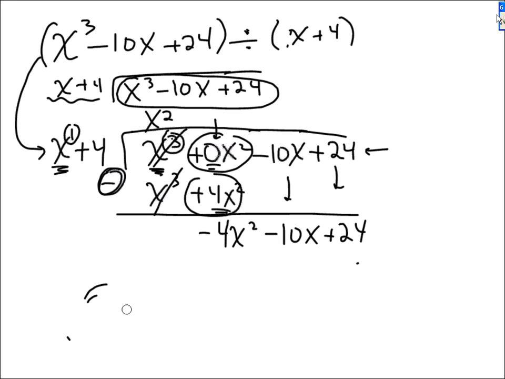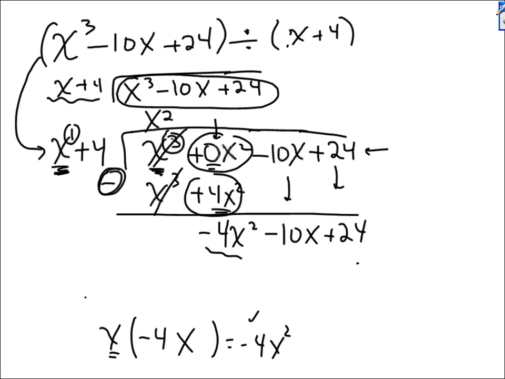The x in front, the leading term, not x plus 4, but just x. What do you multiply the x by in front to get negative 4x squared? Well, you're going to have negative 4 to get the negative 4. And to get x squared, x times x is x squared.